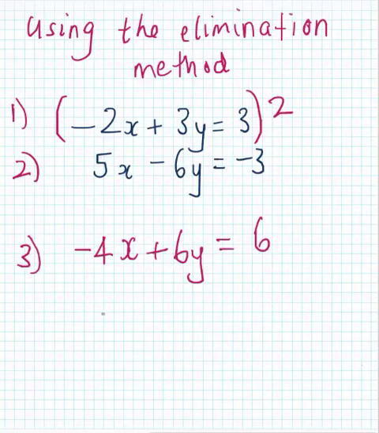And equation 2 has stayed the same. So 5x take away 6y equals negative 3. It stays the same. Okay, and now we can finally make our y's disappear, or eliminate them.